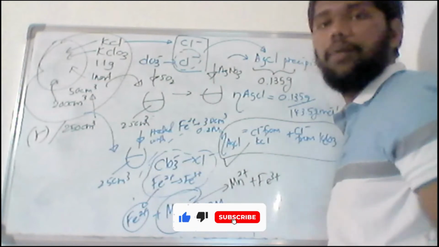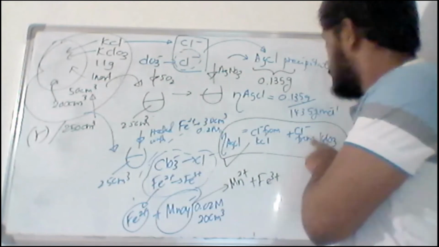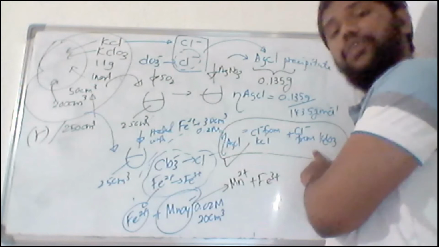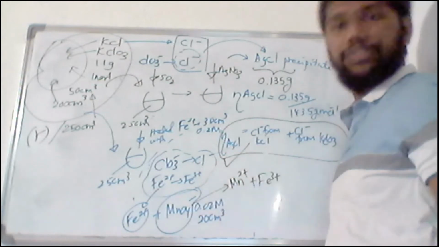So we can find the amount of Cl minus directly from KClO3, which means we know this one. So we know the total, we know this one directly, and you can find even Cl minus from KCl. So it will be straightforward.